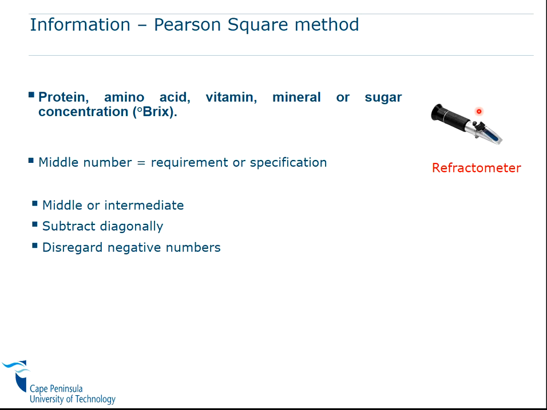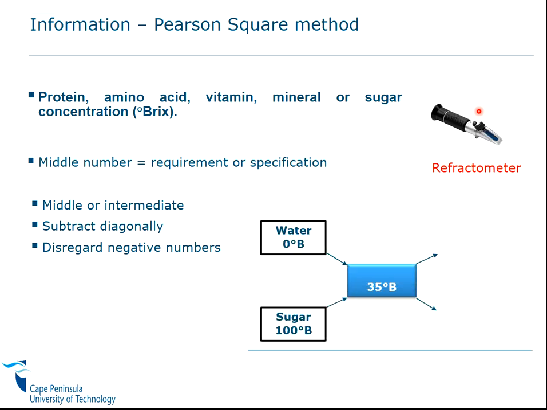Before we proceed, there are certain things that we need to understand. One is the definition of Brix. Brix is defined as the concentration of sugar expressed as grams sucrose per 100 grams of solution at 20 degrees.